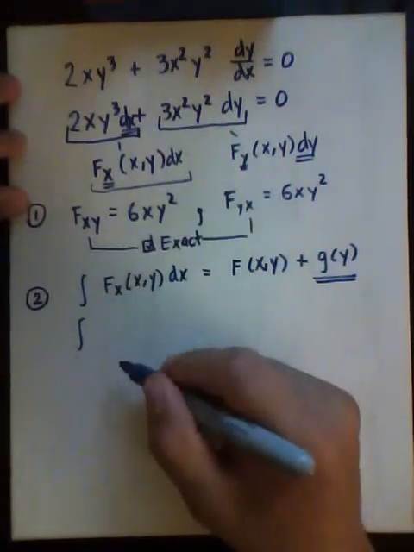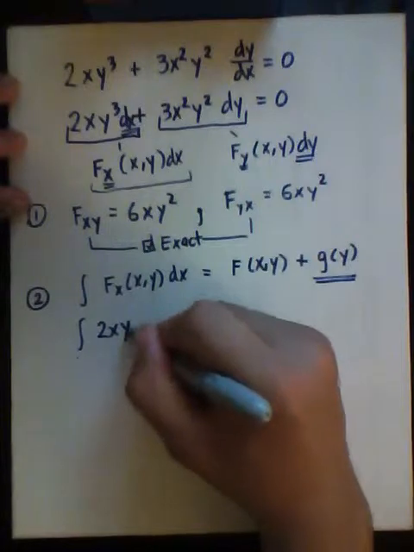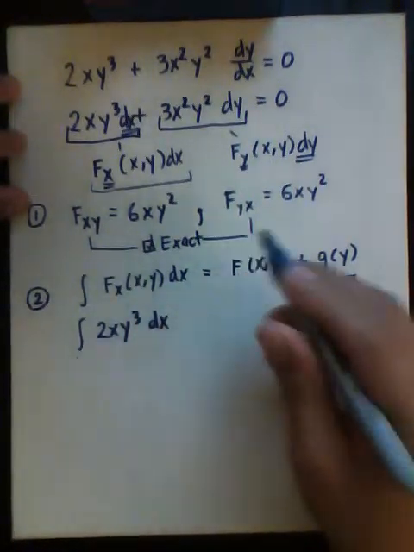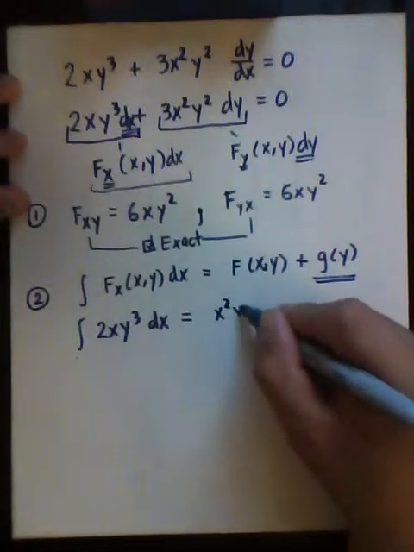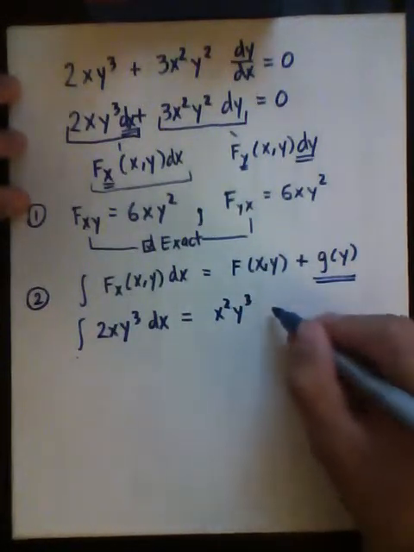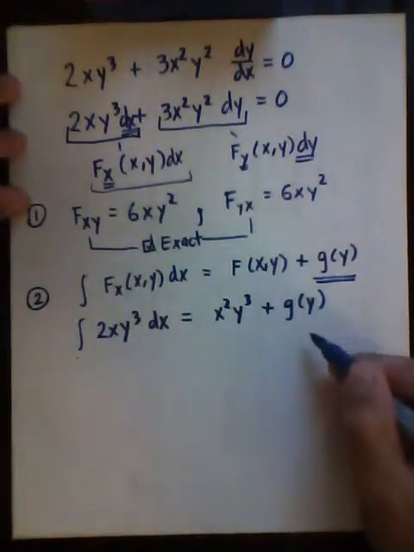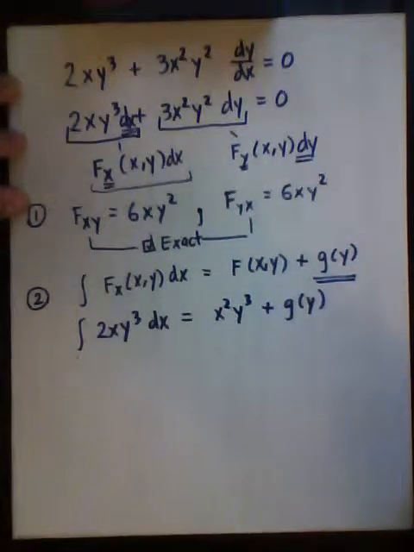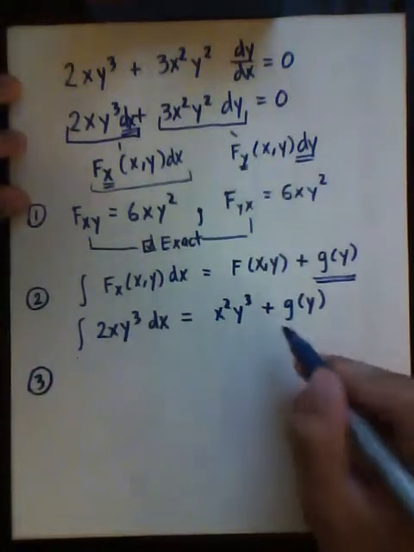If we take the antiderivative of f sub x, in this case 2xy cubed dx, you'll get x squared y cubed, and like I said, plus your variable constant, g of y. Then we'll go back down a level.